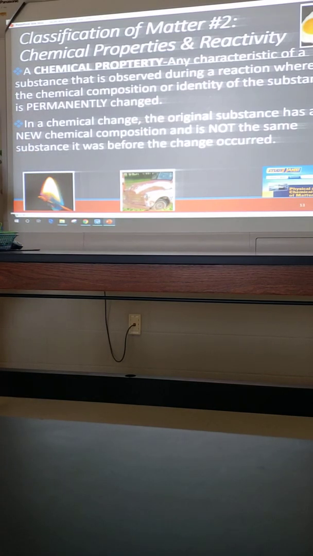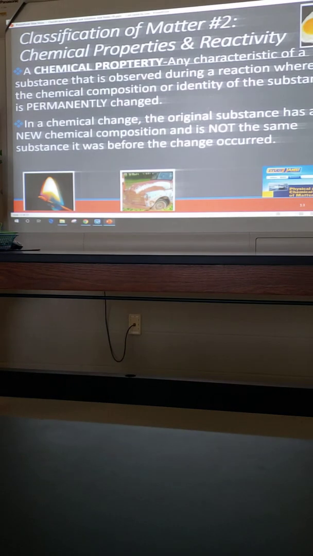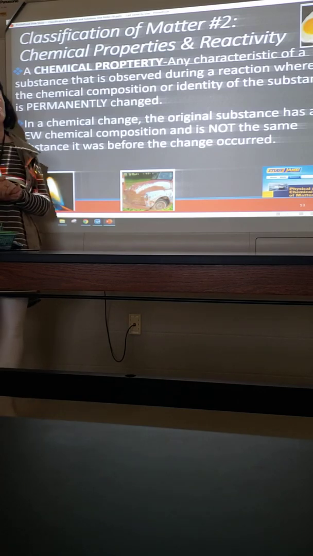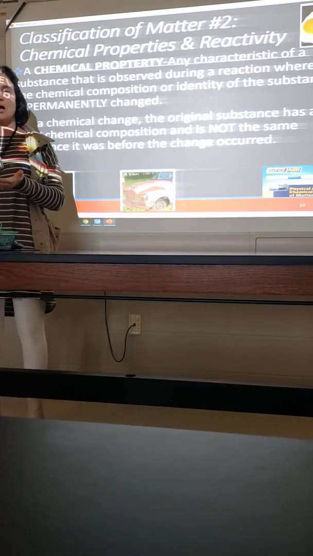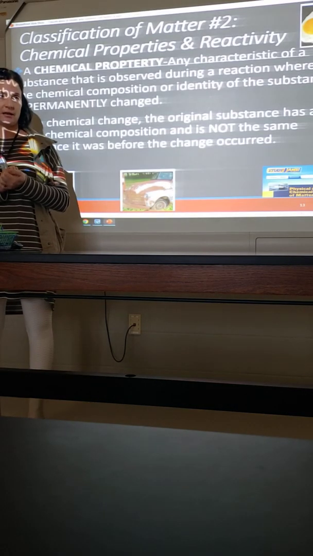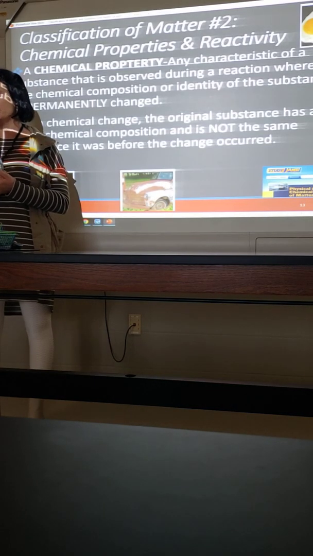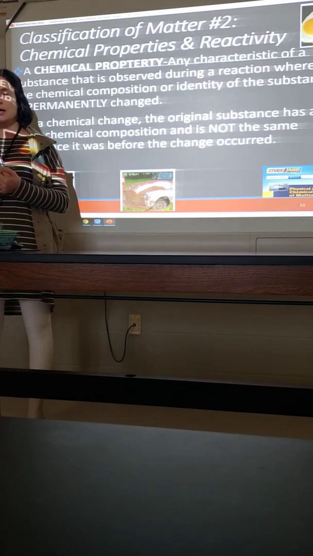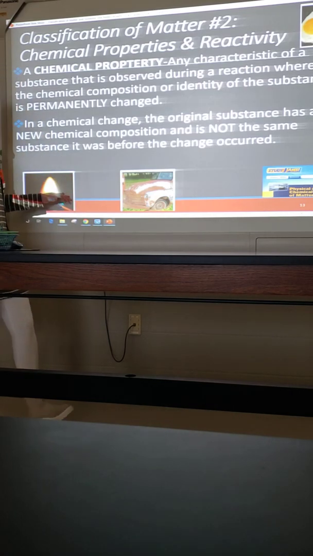So in a chemical change, the original substance has a new chemical composition and it is not the same substance that it was before the change occurred. And there are a few things that are absolutes. Anytime you bake or cook something, it is no longer the same stuff, right? Any type of baking or cooking, any type of burning.